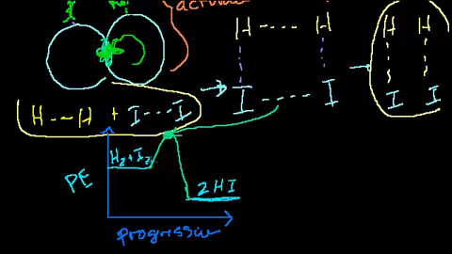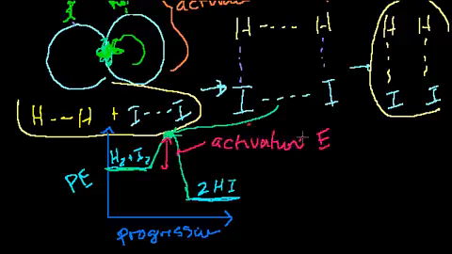Some energy has to be in the system, and the difference between the energy we were at when we were just hydrogen molecules and iodine molecules, and the energy we have to get to this activated state, this distance right here, this is the activation energy.